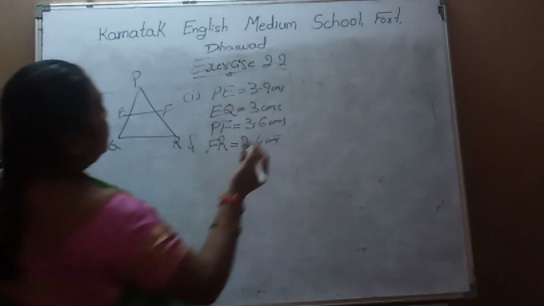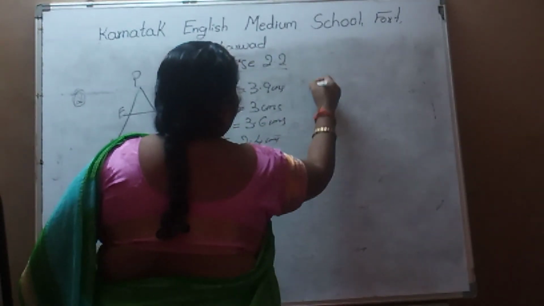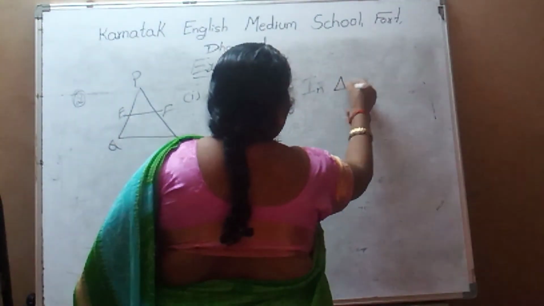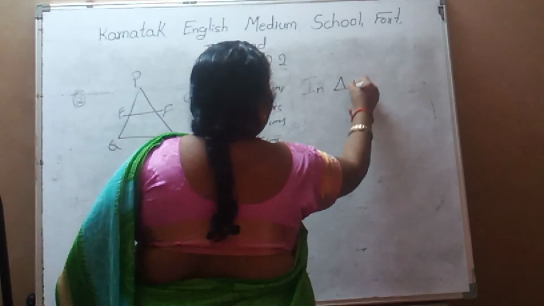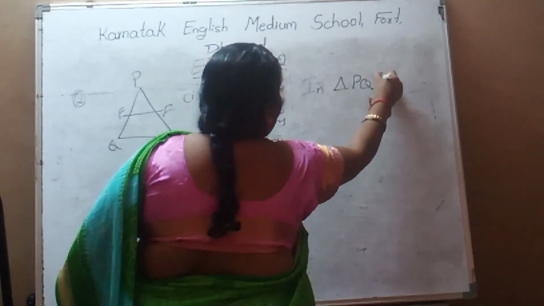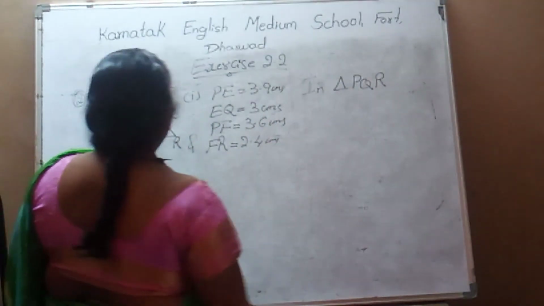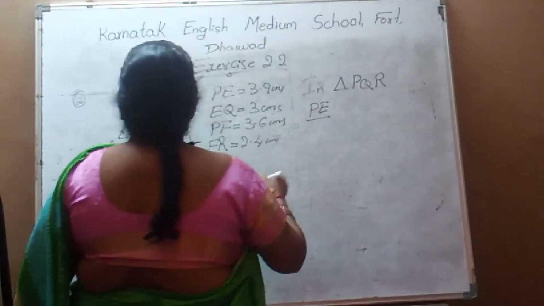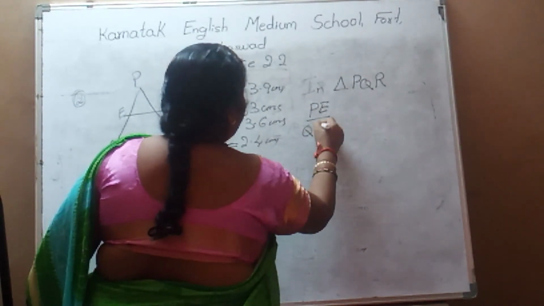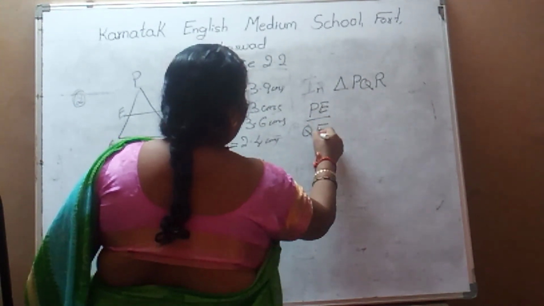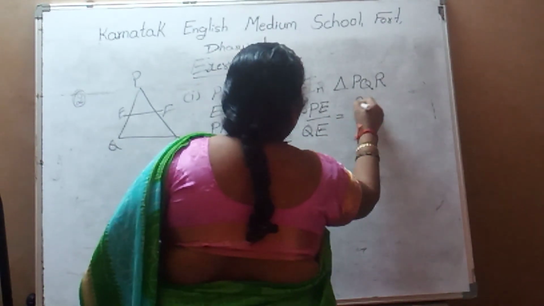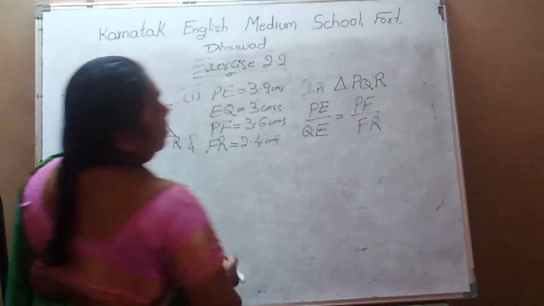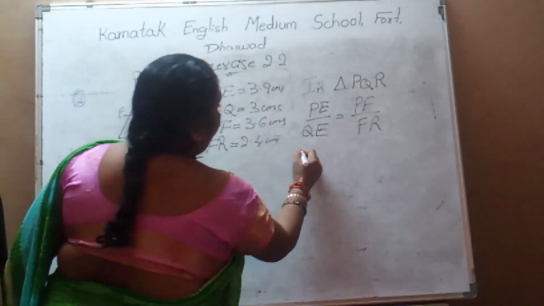So how? See, in triangle PQR, PE divided by EQ equals PF divided by FR. All values are given.